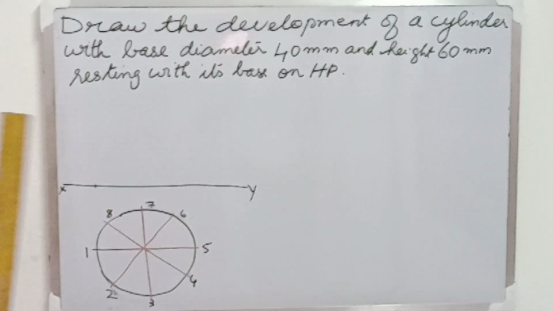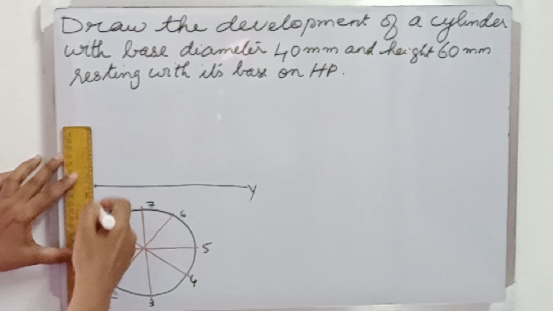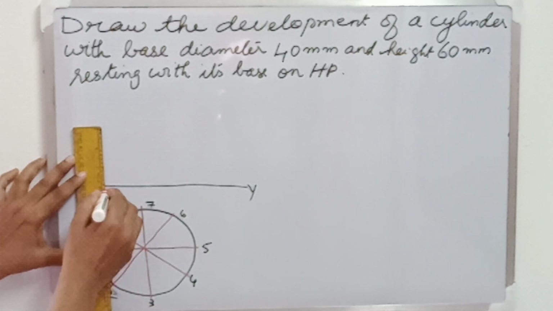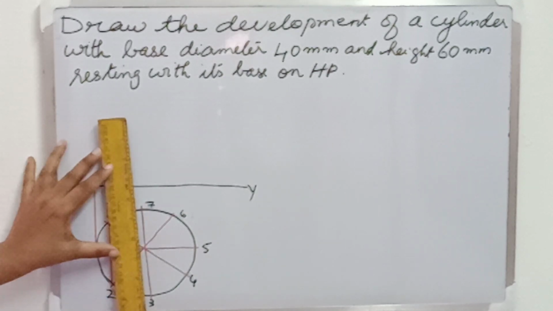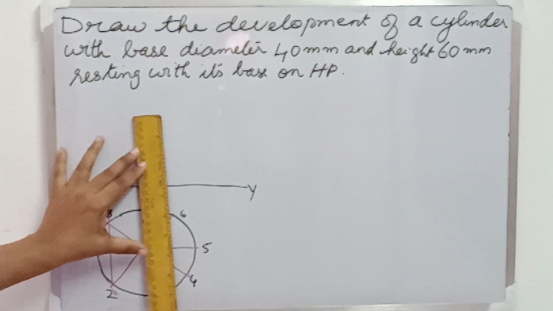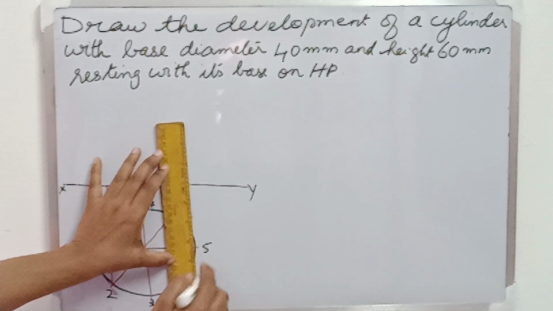To draw the front view, let us draw the projectors from the points on the top view. That is from 1, 2 and 8, 3 and 7, then a projector from 4 and 6, then finally a projector from point 5.